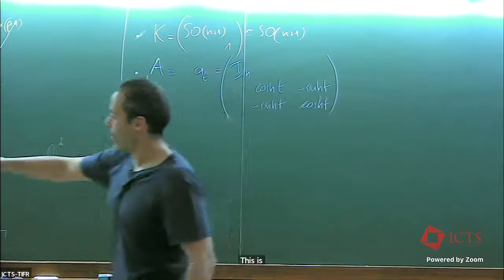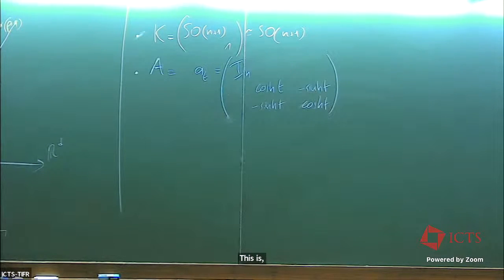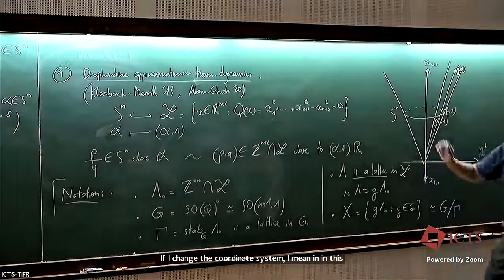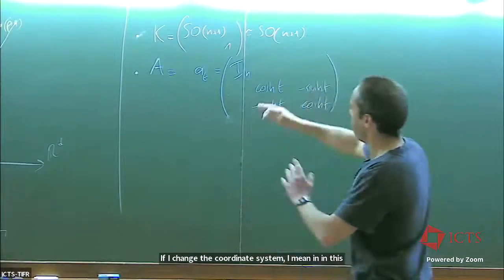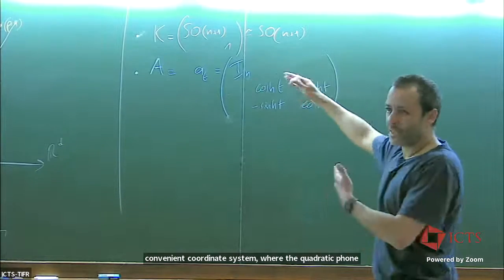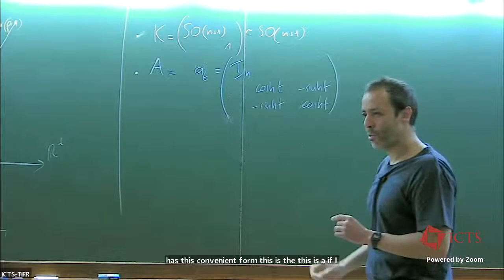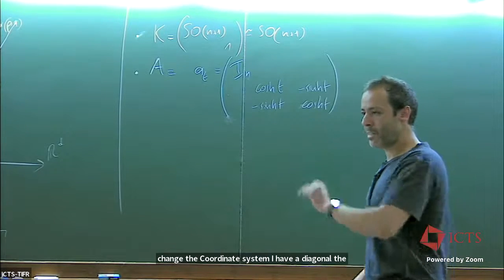If I change the coordinate system, in this convenient coordinate system where the quadratic form has this convenient form, I have the classical diagonal subgroup diag(e^{-t}, e^{t}) with E.